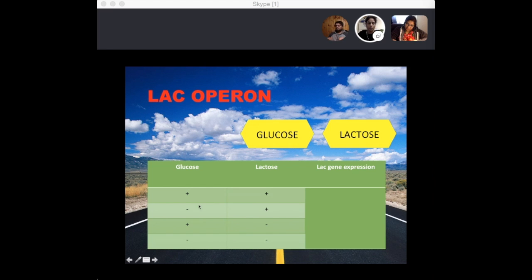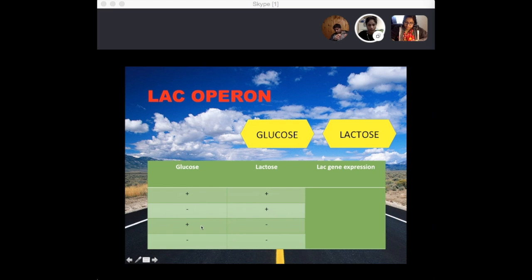If you have a cell that has no glucose available, but lactose available, will it need to make lactose metabolites? Yes, exactly. It doesn't have any glucose, so that's not an option. So it's going to have to use its energy to use the lactose and make lactose metabolites.